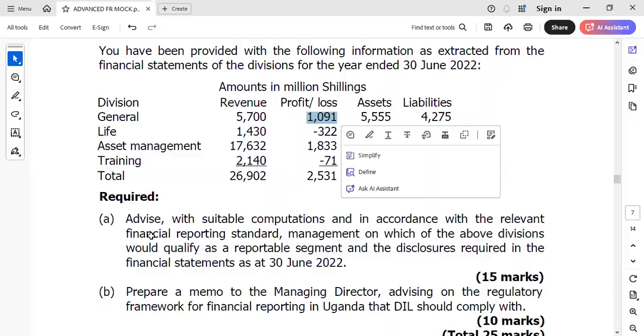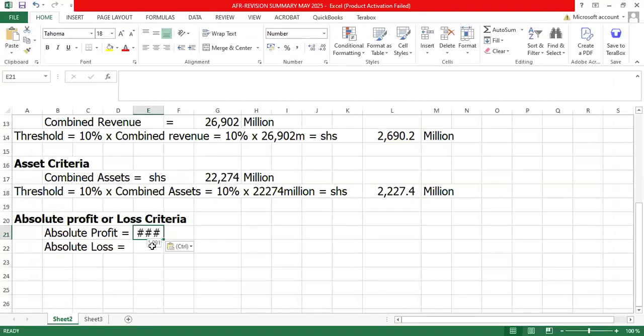So with the profit, we are going to get this. This is in millions. What do you get?